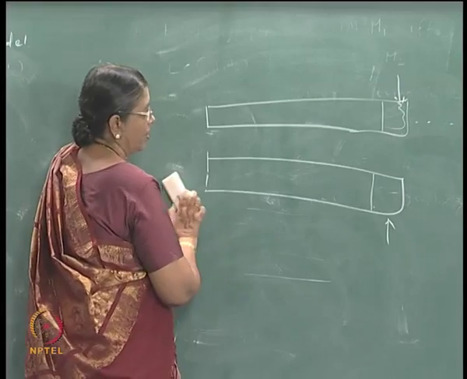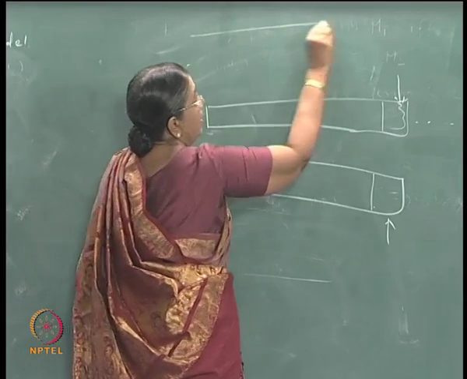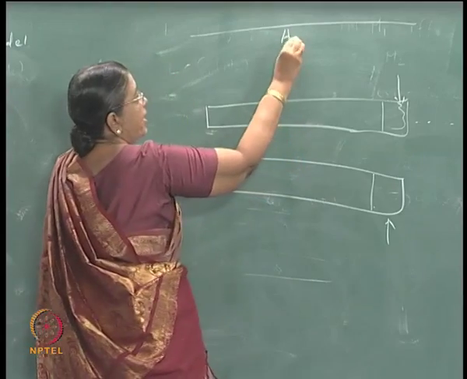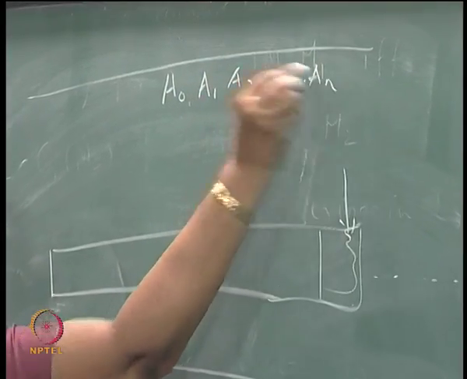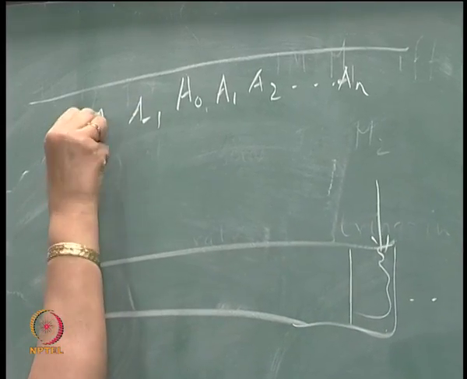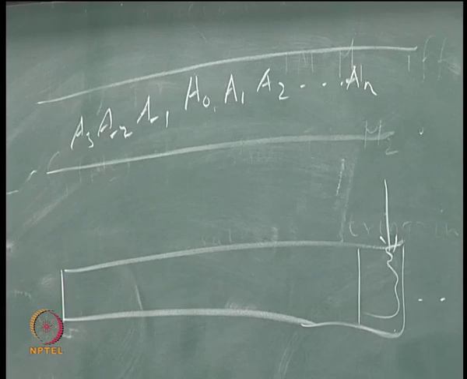How can you do this? If you have the Turing machine and at some stage it contains A0, A1, A2, An, A minus 1, A minus 2, A minus 3 on the tape, then this is the current head position.